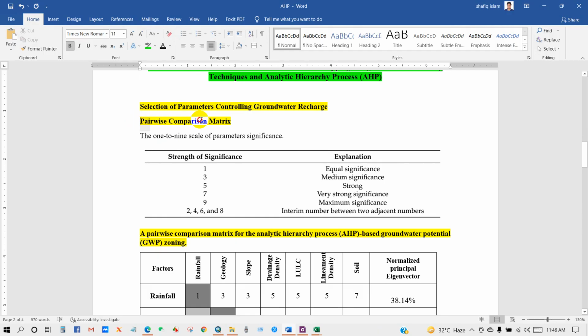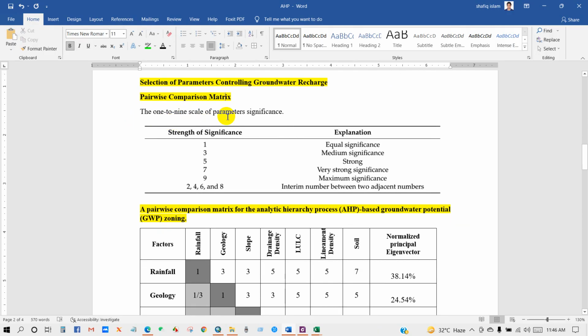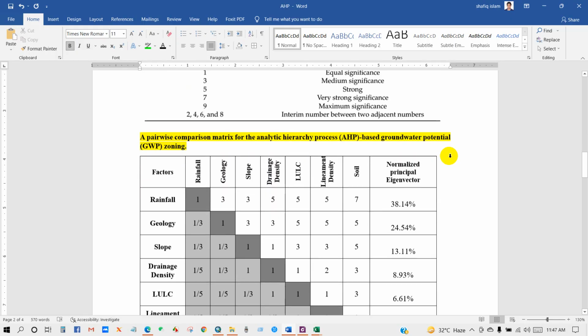Pairwise comparison matrix, the 1 to 9 scale of parameters significance, strength of significance from 1 to 9. Here 1 means equal significance, 3 means medium significance, 5 strong, then 7 very strong, and 9 maximum significance. Also there are 2, 4, 6 and 8 as intermediate numbers.